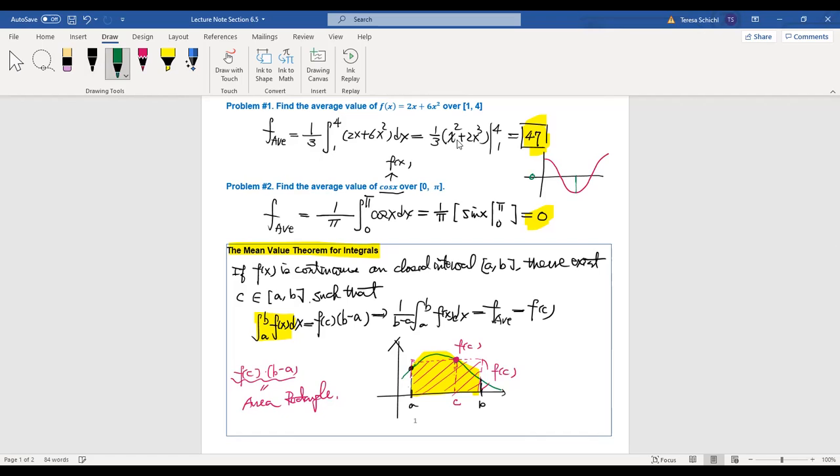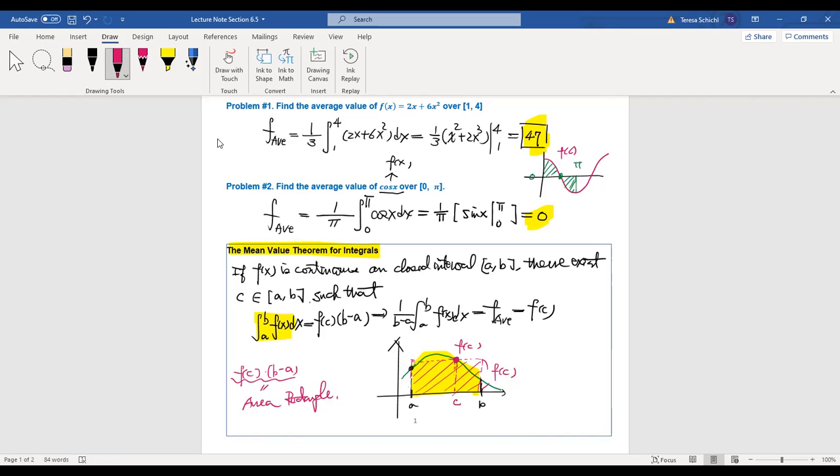So now I know the area: if you integrate from 0 to pi, half of it is above and half of it is below, so it will be zero. That means your C point is right in here. This is my f of C, and here you don't really have a rectangle, because it's equal to zero.